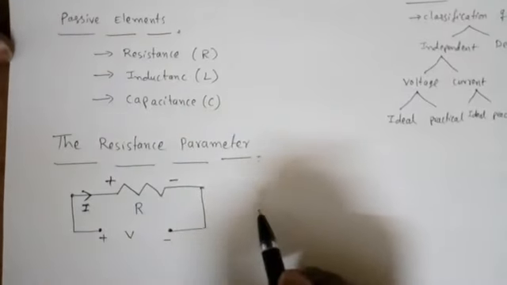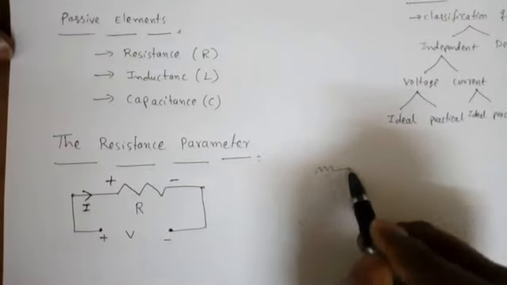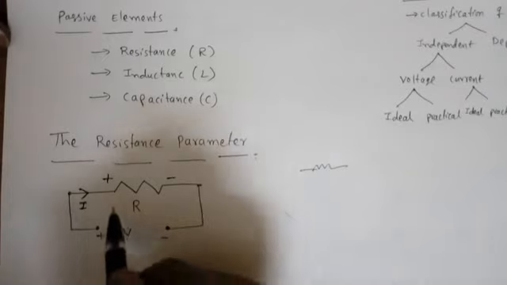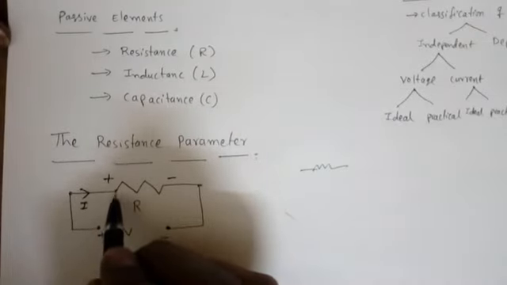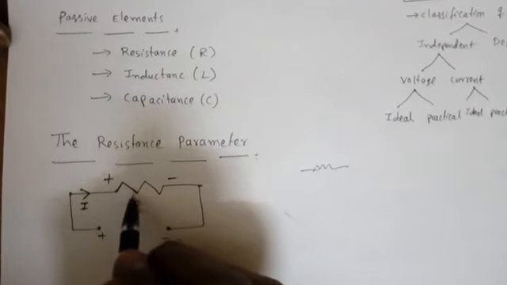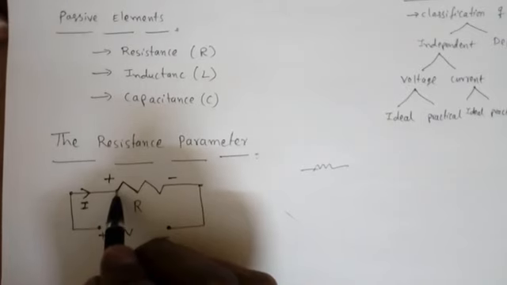Many students will draw it simply like this, but there should be some notation. When you are starting, the resistance should be in a raising mode, in an upward direction.